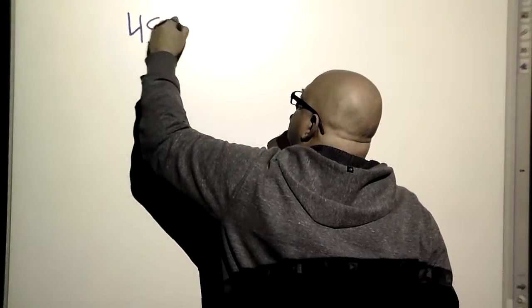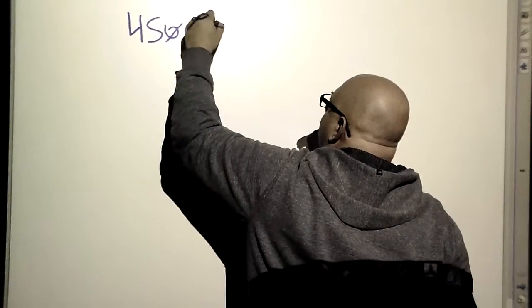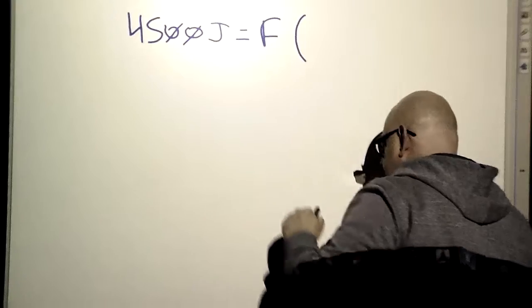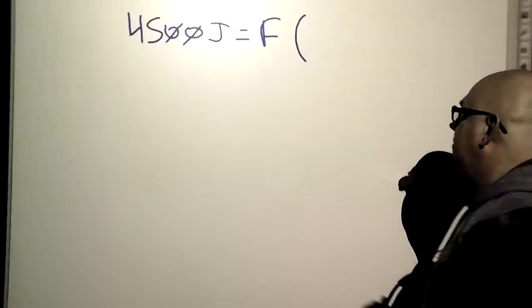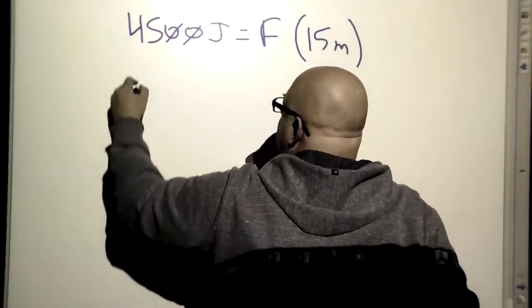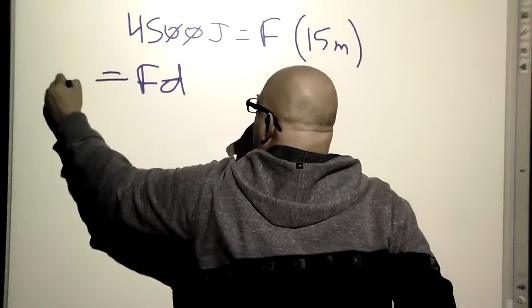Well, if 4,500 joules of work is being done, we don't know the force, but we know it is 15 meters, right? That's what they gave us, 15 meters. There's a couple of ways I can do this. I could look force times distance is equal to work.